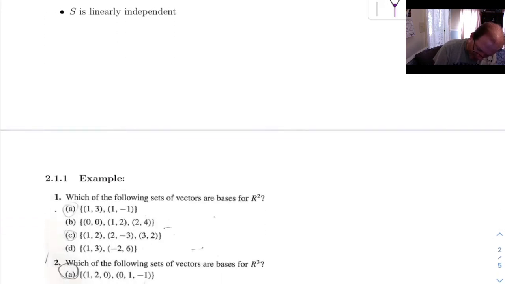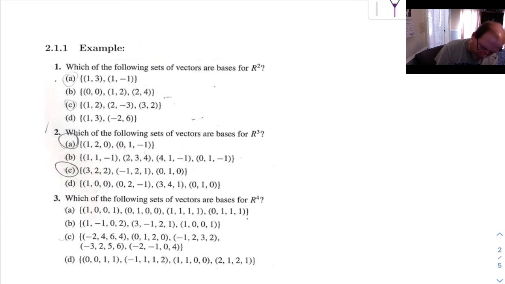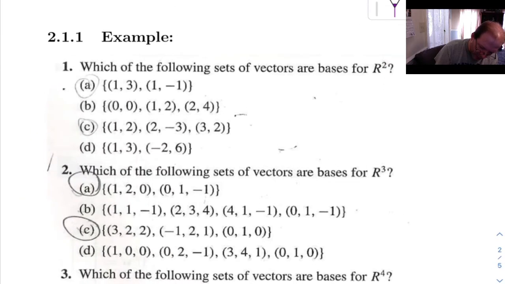What I want to do, though, is look at several examples from a different textbook. Maybe not all of them, but let's look at these guys here. Which of the following sets of vectors are bases for R2? Okay, so first up, for it to be a basis of R2, it has to have exactly 2 vectors in it. So we can eliminate this one, and we can eliminate this one.